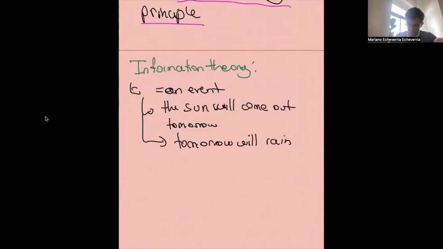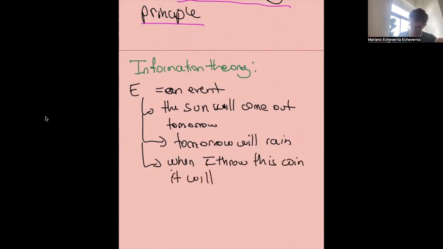Or what else could it be? That I'm going to get, the coin will land on a head. That's closer to what we have been doing. When I throw this coin, it will land on heads.